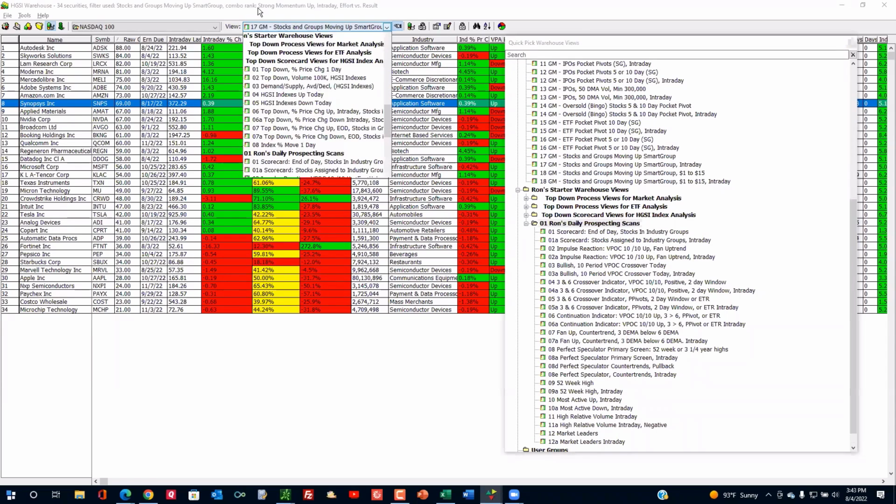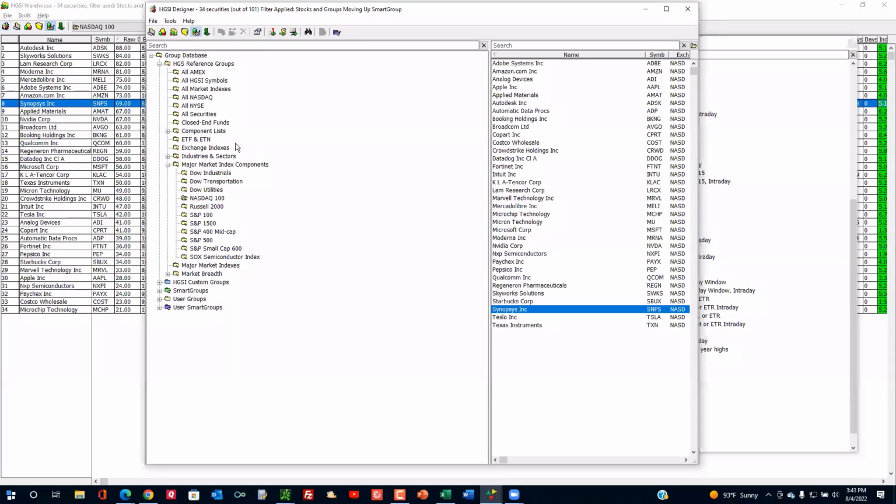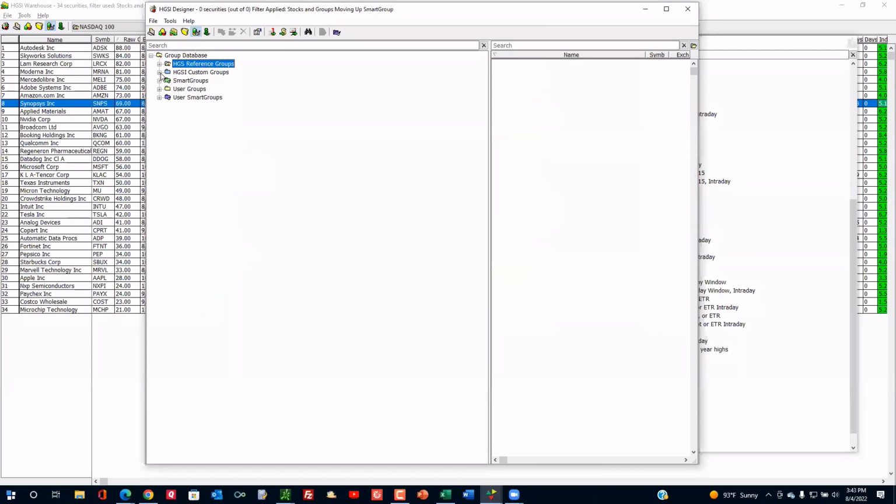What I want to do though is get into the user smart groups. Now, when Matt and George gave them to me, I went way overboard, of course, which I always do on this stuff. But now I'm starting to really weed them out and find what I consider the most useful.